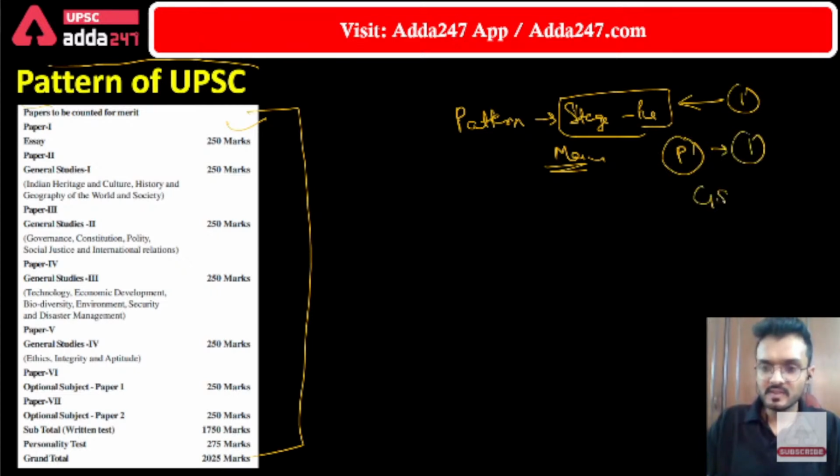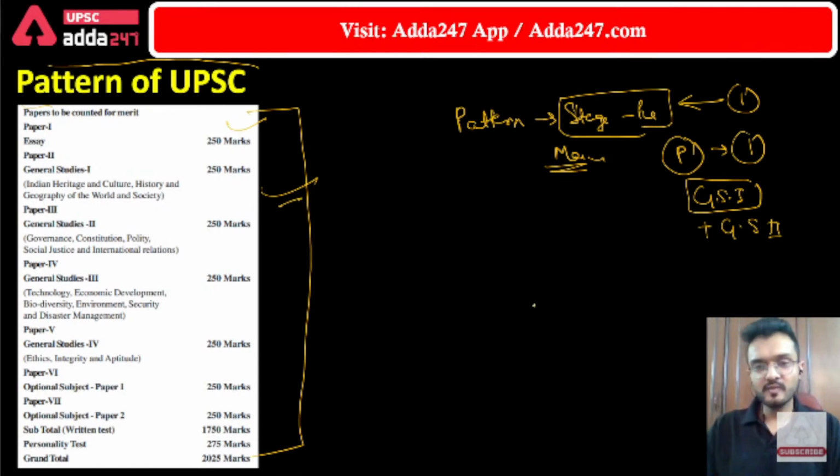In the morning shift, GS paper 1 is conducted, and then in the afternoon GS paper 2 is conducted. But in the mains there are a number of papers, and it takes almost a whole week to conduct the mains examination, because there are a total of 7 papers whose marks are counted in the merit.